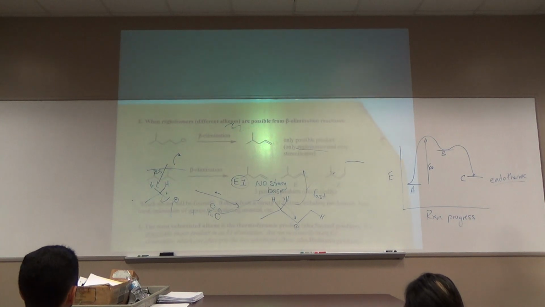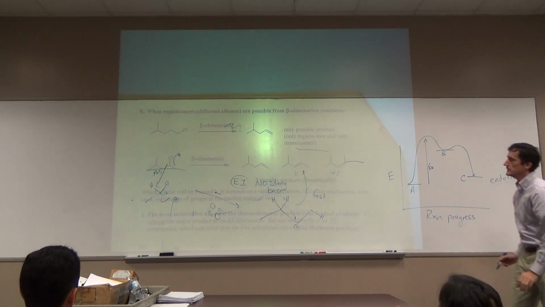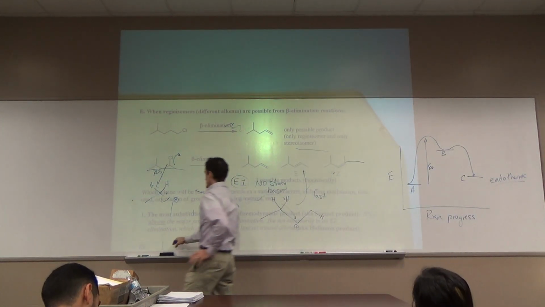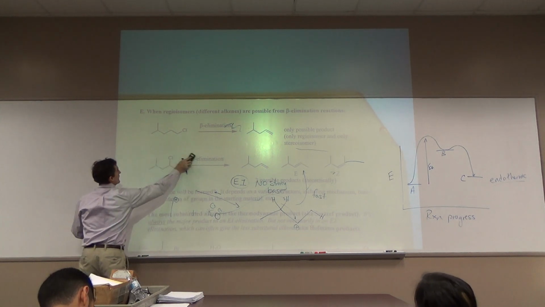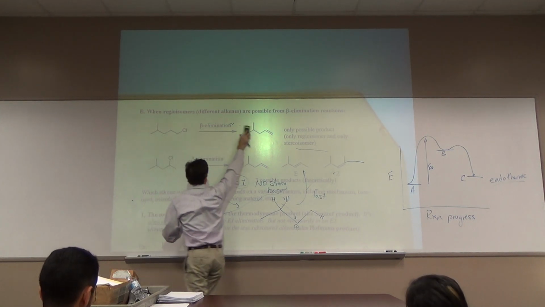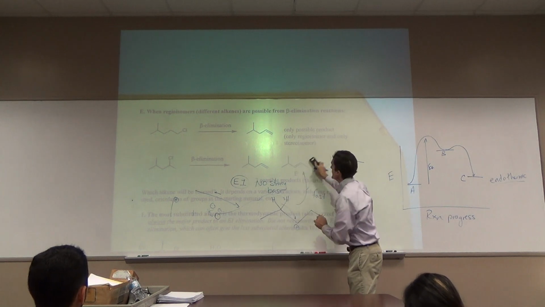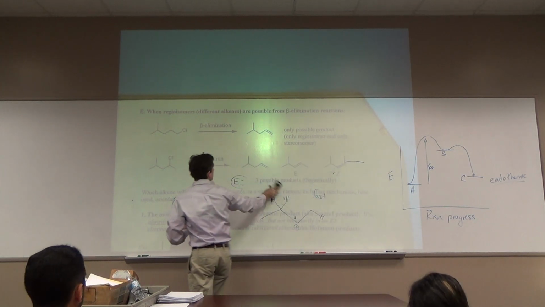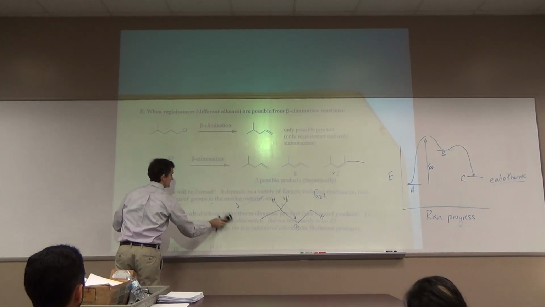That is regioisomers. Look at the first beta elimination reaction. There's only one possible regioisomer.